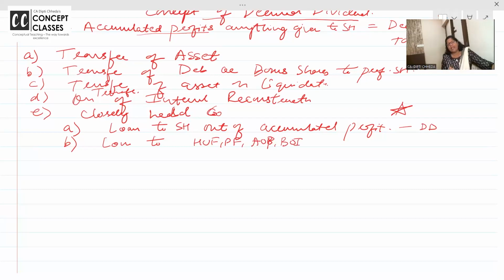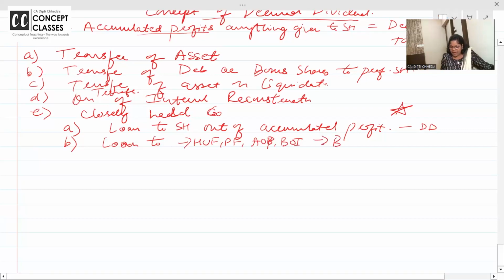Are you all writing and understanding? The private company is giving a loan, not to the shareholder, but to these parties where the main beneficiary is the shareholder. It's the same thing: not giving directly to the shareholder, so I as a private company will give a loan to HUF, and through HUF all the benefits have gone to the Karta, so it's the same.